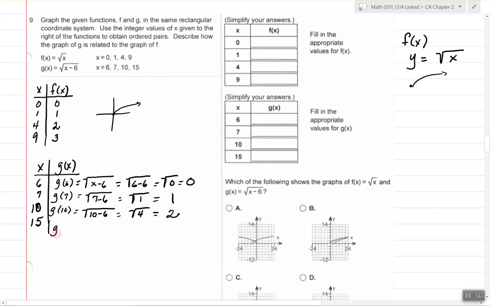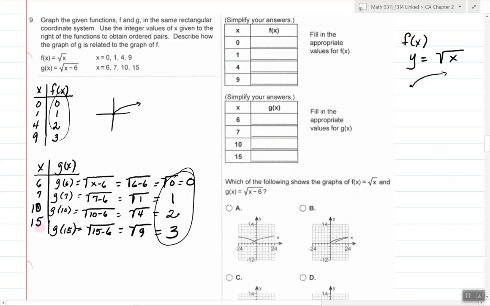And g of 15, which is the square root of 15 minus 6, which is the square root of 9, which is 3. So I've changed the x's and got the same y's here that I got here.